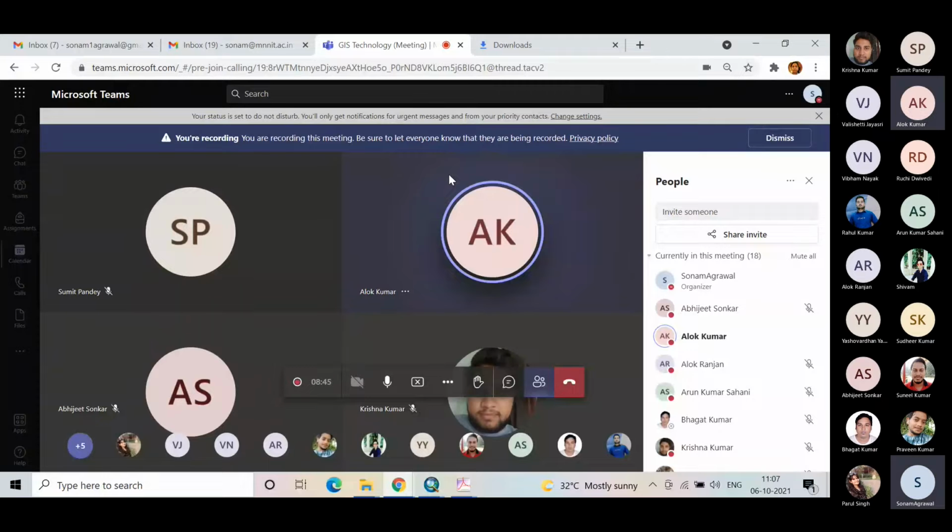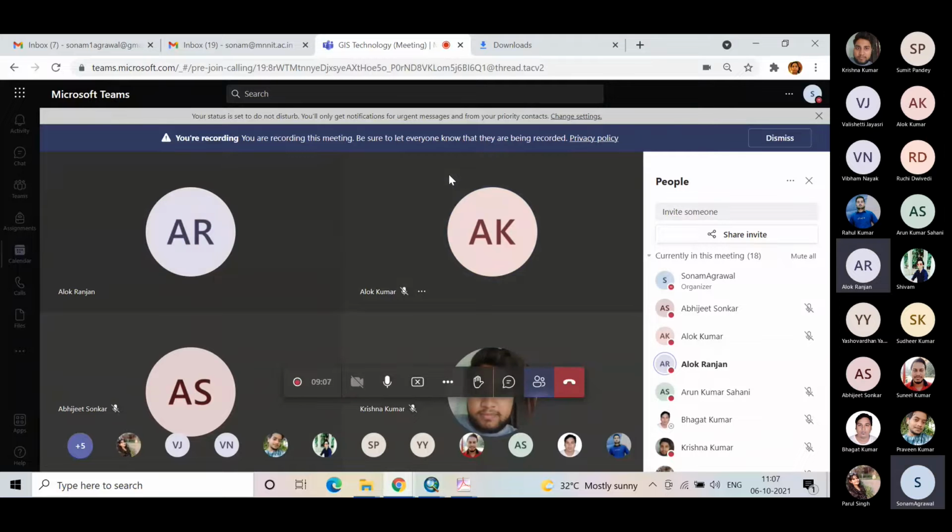Okay, Alok Ranjan. Yes, ma'am. So, Alok, what are the different types of spatial referencing? Geographic referencing. Alok, you are not audible.